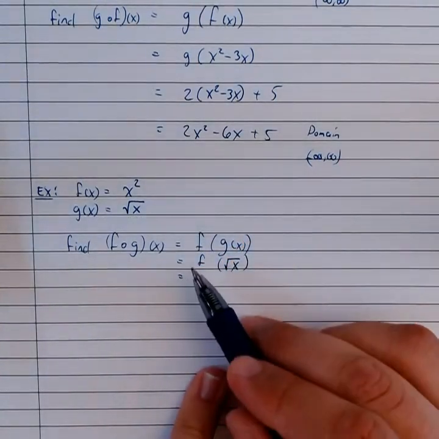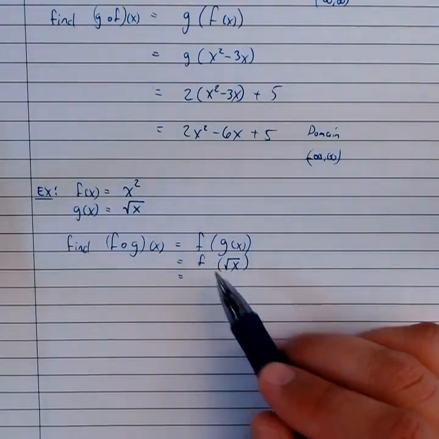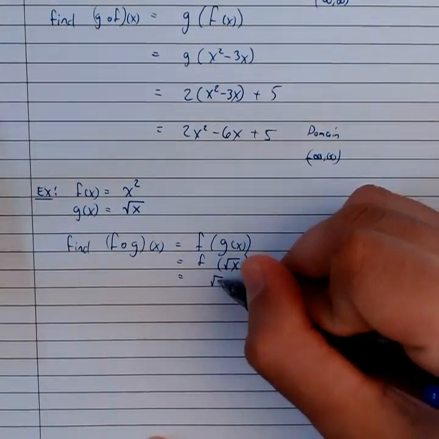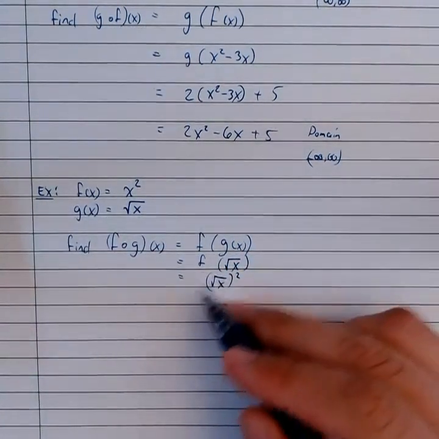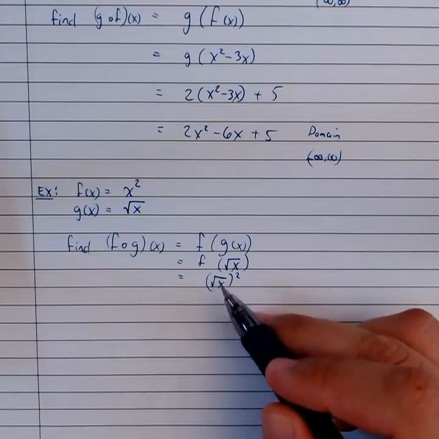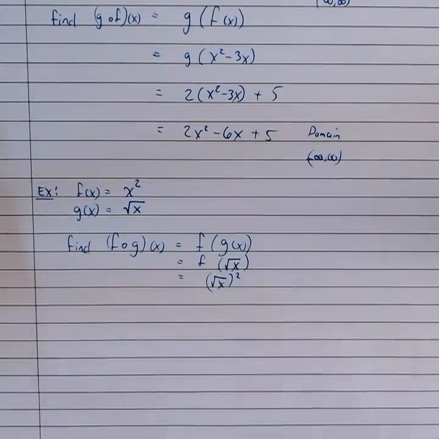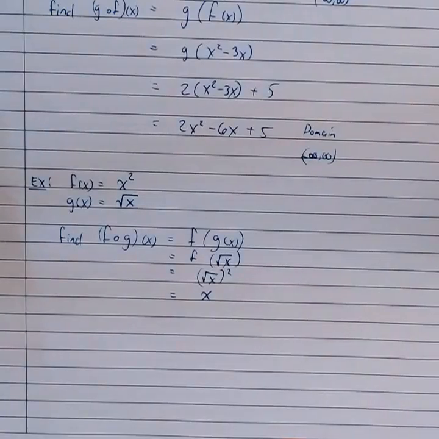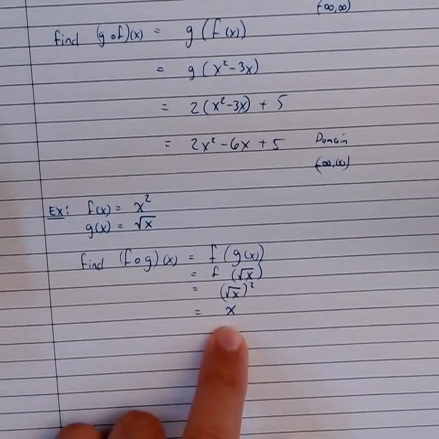I know what f is. f is a function that says whatever you plug into me, I'm going to square it. So now f is going to take the square root of x and square it. We can simplify this: the square and the square root just give us x. So we find the composition f of g of x gives us just x.